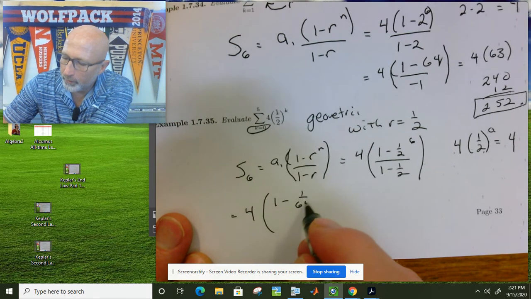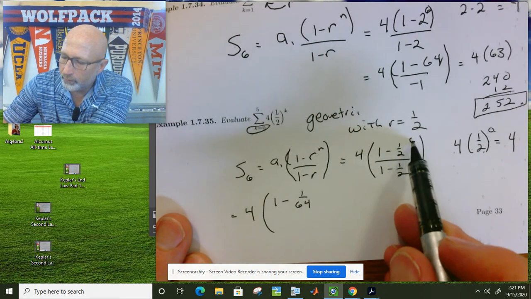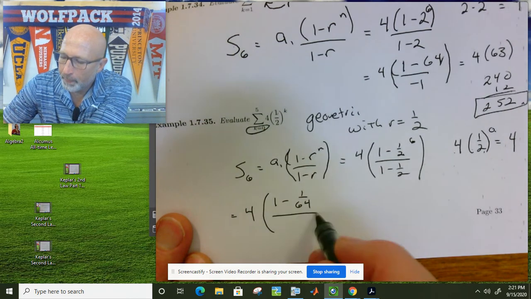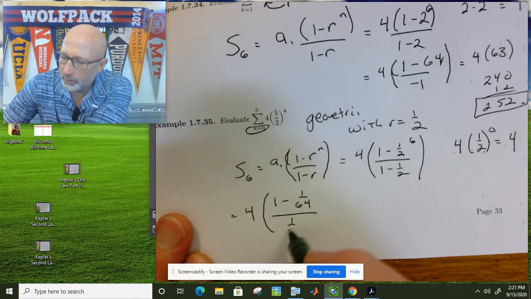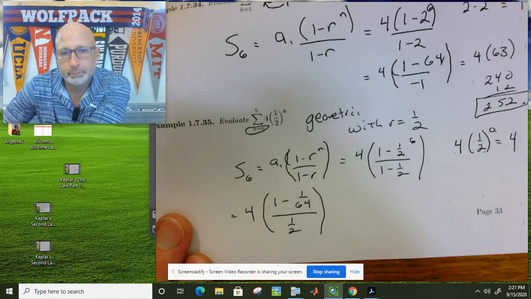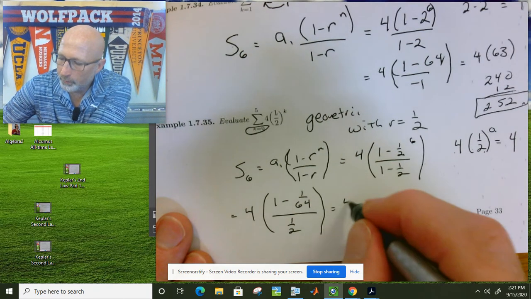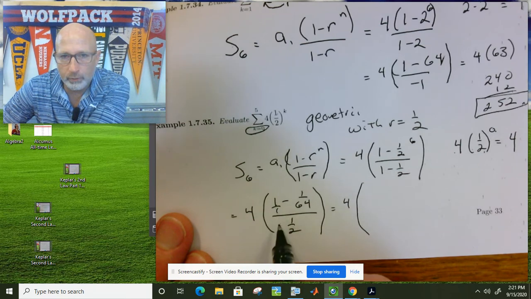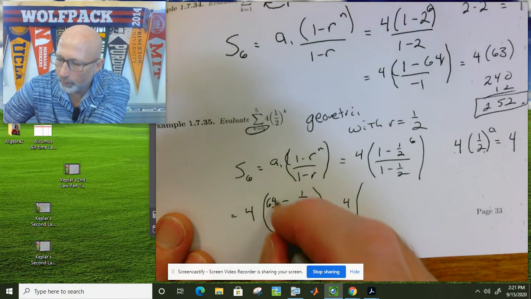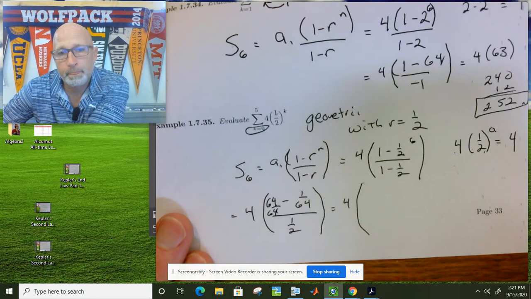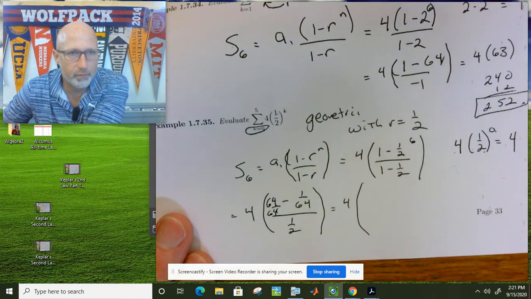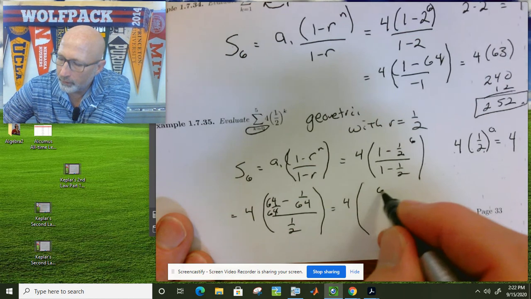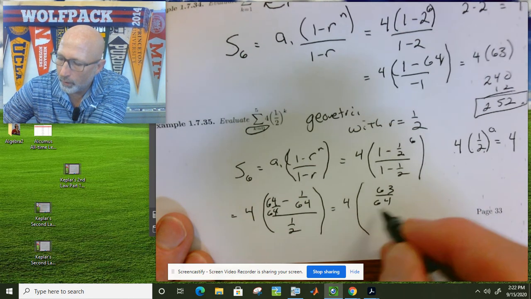So this is equal to 4 times 1 minus 1 over 64. 1 raised to the 6th power is 1. 2 raised to the 6th power is 64. All over 1 minus 1/2, which gives you 1/2. I'm going to have to subtract these two, so I'm going to write this as 64 over 64. 64 over 64 is just 1.